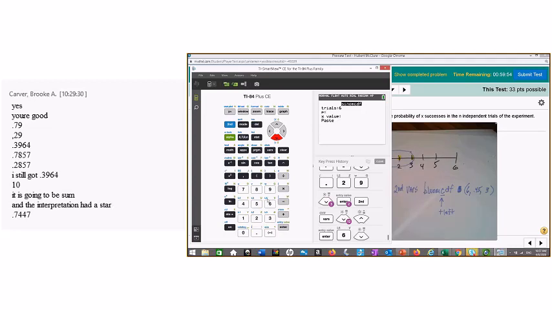P is 0.45. And X value is 3. Now, if you have an older calculator, you would just select binomial CDF and type 6, comma, 0.45, comma, 3, close parentheses.